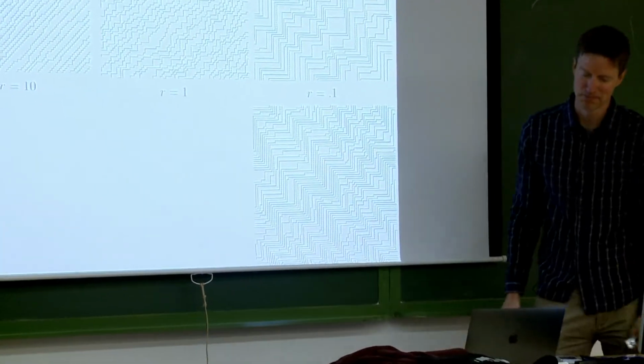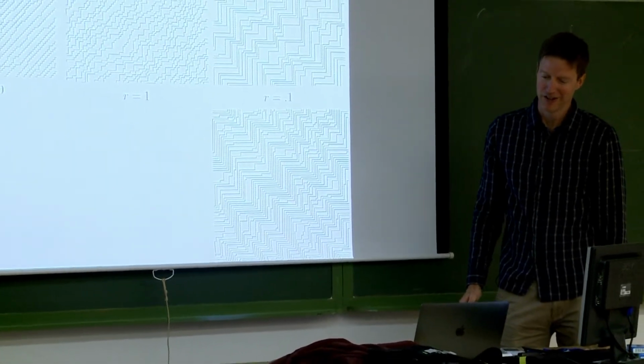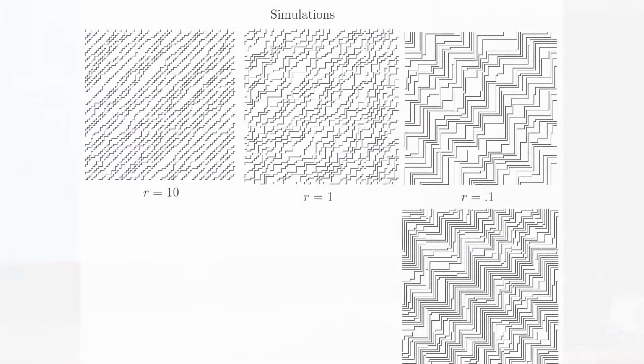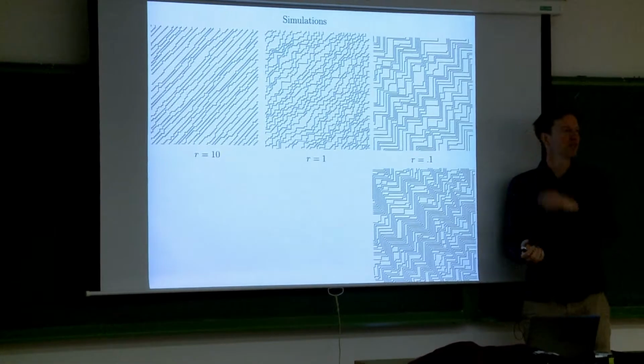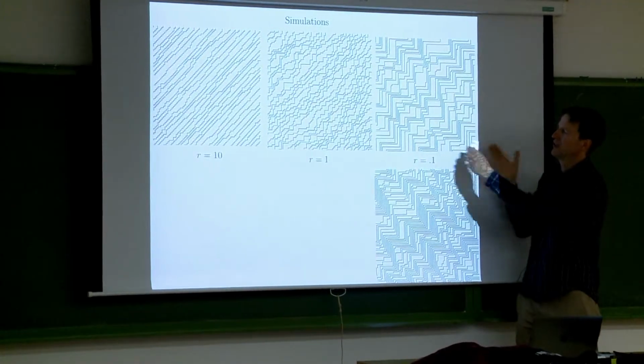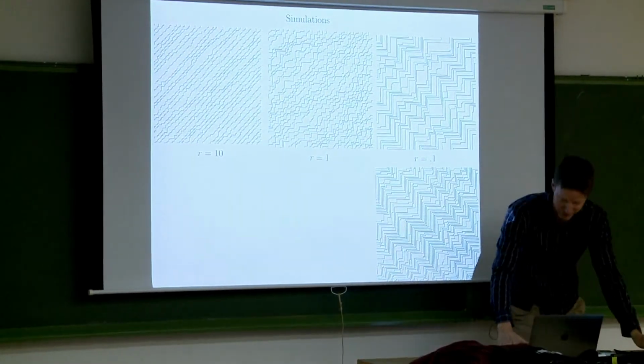Here are some simulations just for fun. If R is very large, then each path wants to have lots of corners, so it zigzags very rapidly with some small deviations. If R is very small, then the paths tend to go straight. So there's an interesting phase portrait here.